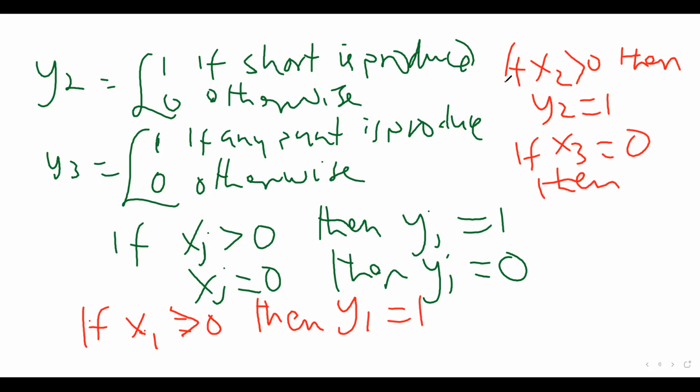So then y3 will not be 1 anymore. It will be 0, because I don't need y3 since I'm not going to produce pants. So why do I need pant machinery? You only incur the pant machinery cost, the y to be 1, provided you are going to produce a positive value of the x's. I think you understand now.